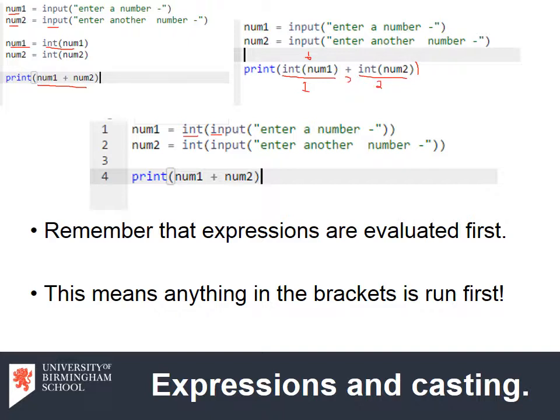Then it's going to do the addition third, and finally it's going to do the print fourth. In this example, it's going to do the input first, and then it's going to convert it into an integer. And then finally, it'll assign it to that variable. So the order of expressions is that it normally does the things inside brackets first, and then works its way out.